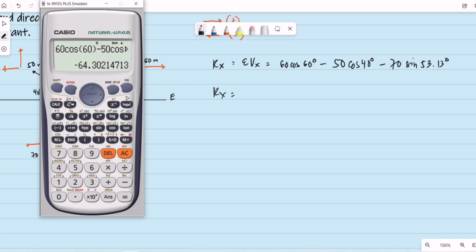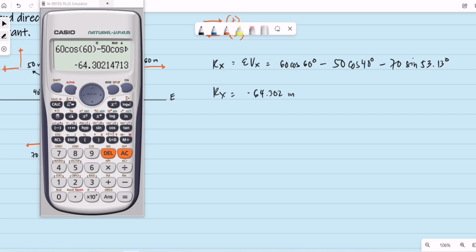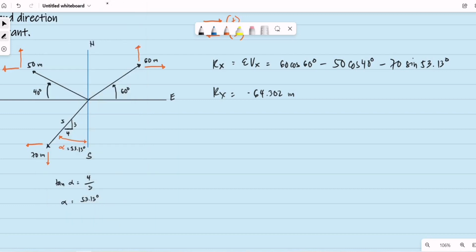And this is equal to negative 64.302 meters. So the negative sign indicates its direction. It is towards the west.